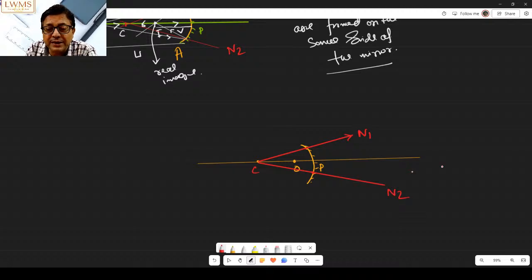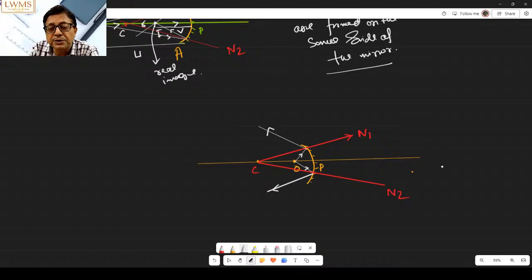Now from this object, if we send a ray, what will happen to the ray? Let us take a ray this manner. It will be reflected this manner, you should agree. Here also, if you send a ray this manner, it will be reflected like this, isn't it?